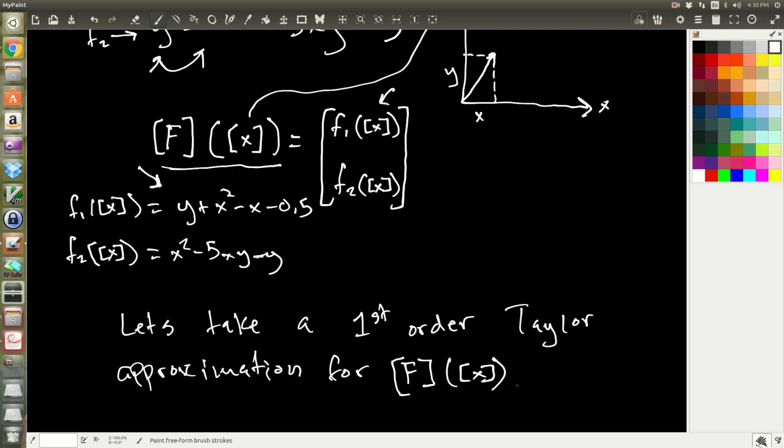Now that sounds probably kind of crazy to some of you, but it's pretty simple. All we have to do is write down the Taylor series expansion for each one of these equations.